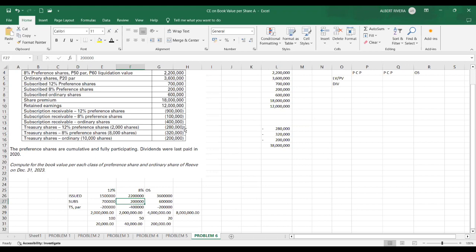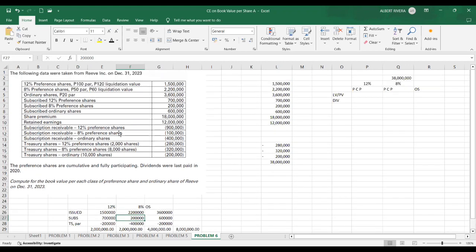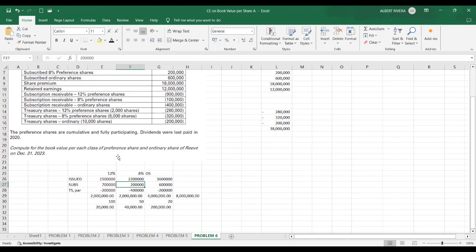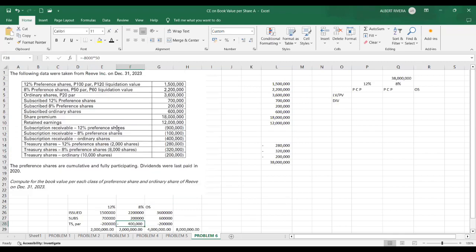And the treasury for 8% is 8,000 shares times the 50. Okay? 8,000 times 50. So that would provide you 400,000. Okay? Where does this come from? This is par treasury. 8,000 shares times the par of 50.